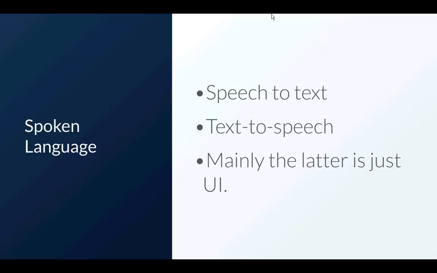Spoken language is the hot stuff. At Revolution, our CEO quoted that I think it was something like 20% of search was now this sort of speech or natural language search. Speech to text is the hard part of it. Text to speech, there have been libraries that do speech synthesis since the 80s or so.